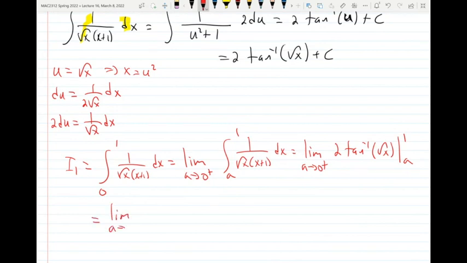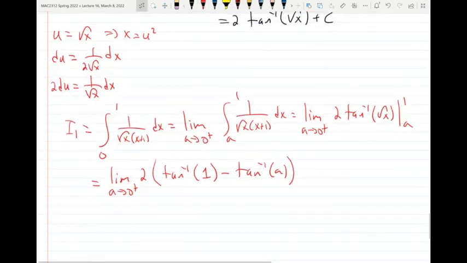So as a approaches 0 from the right of 2 times, okay, what's inverse tangent of 1? Let me write it down. Inverse tangent of square root of 1, this is just 1, minus inverse tangent of square root of a. When you take the limit, what matters is the part with the a. This one is 0, of course, but what's inverse tangent of 1?